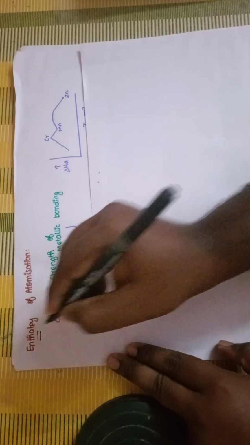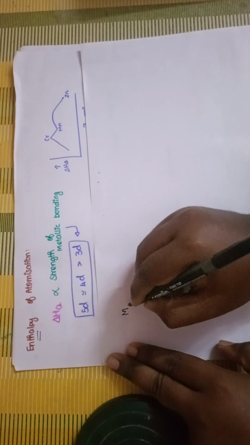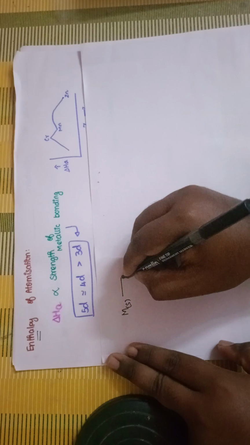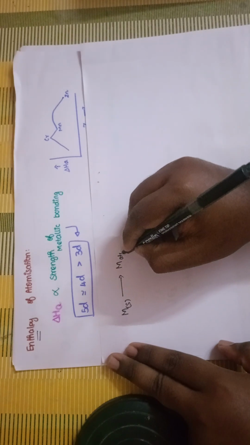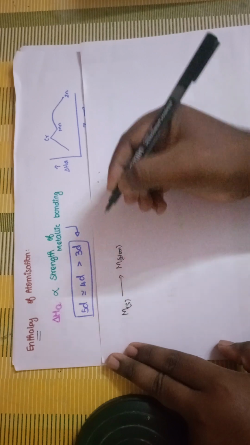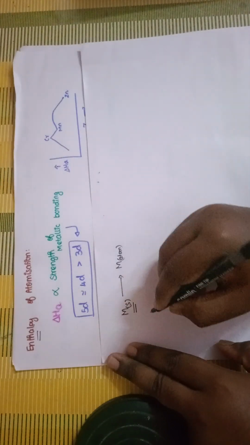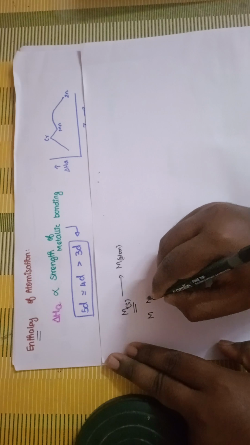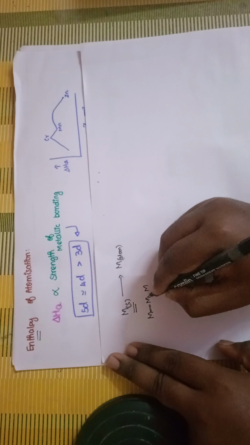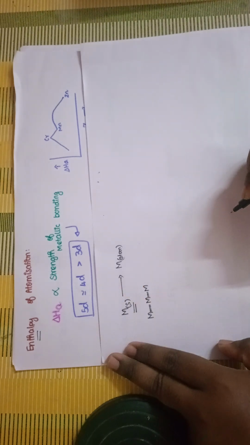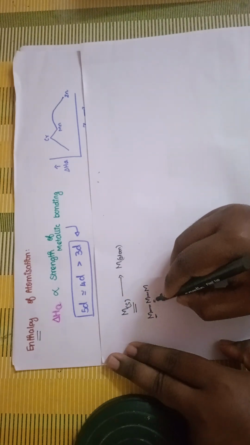Enthalpy means energy. So we are converting metal solid into metal atom. What is the meaning? Metal solid means in solid state it is arranged in a fixed arrangement. One metal is attracted by another metal.